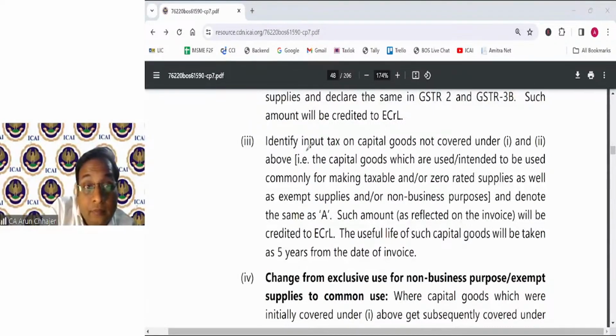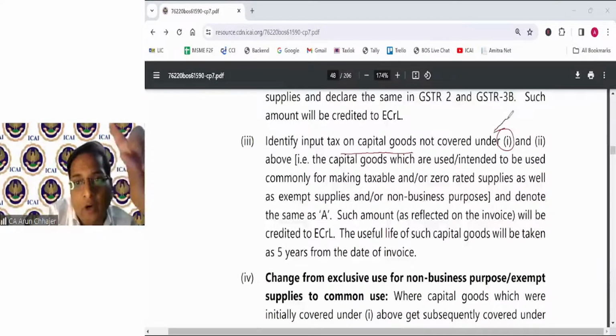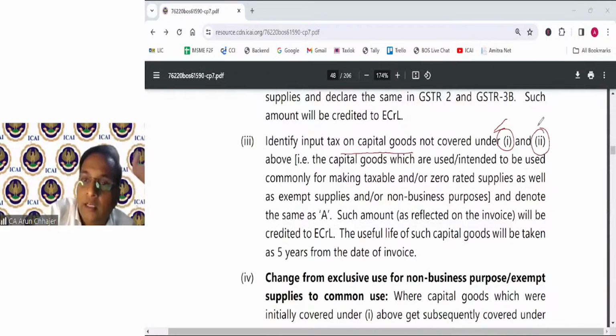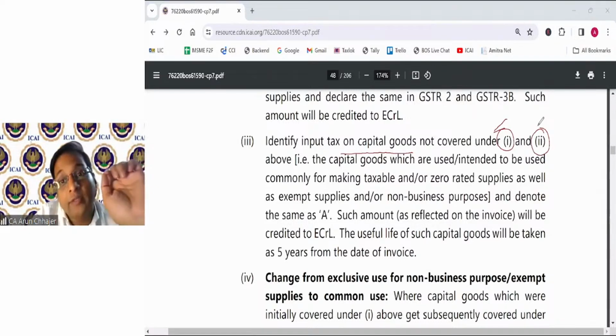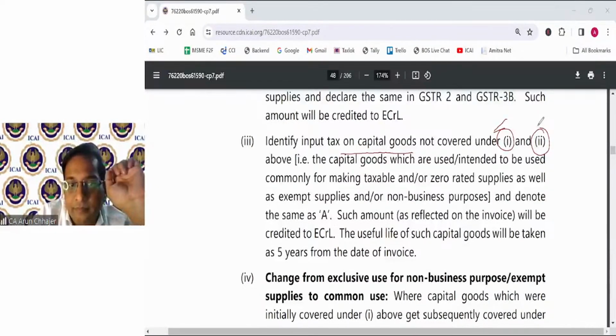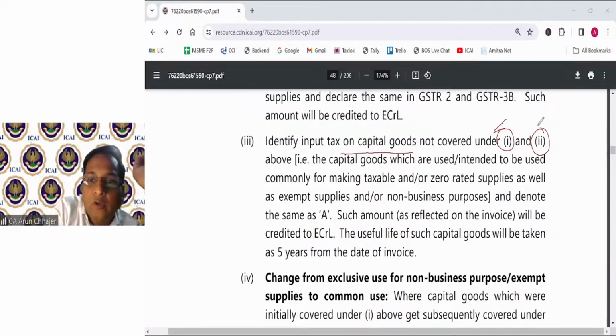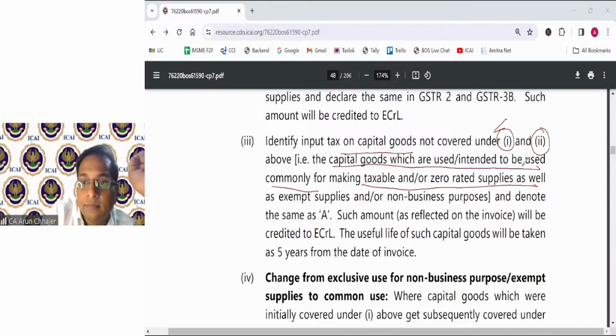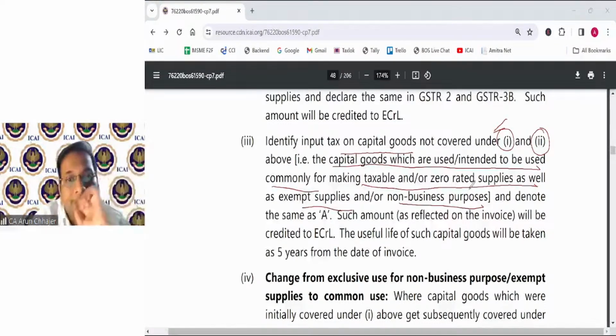Identify the input tax on capital goods not covered under clause 1. It means exclusively for non-business, exclusively for exempted, and not covered in the clause 2. It means exclusively for taxable. That is capital goods which are used or intended to be used commonly for making taxable as well as exempt supply, and business purpose and non-business purpose.